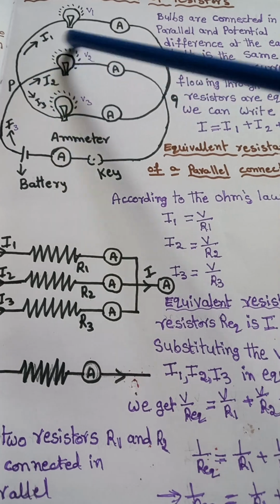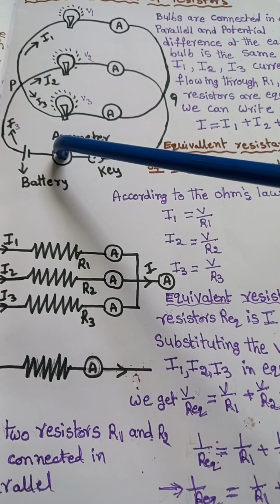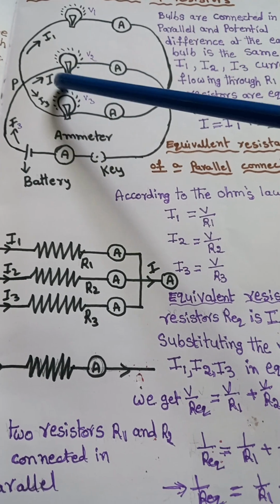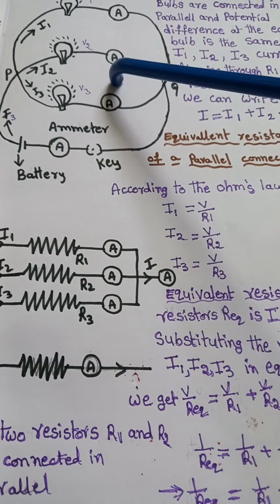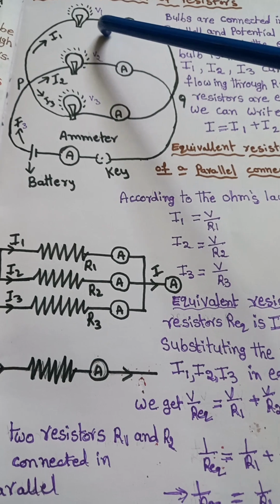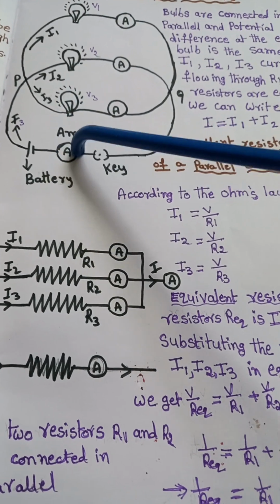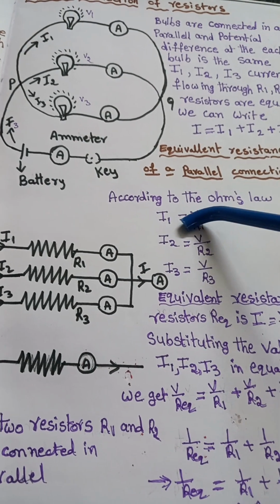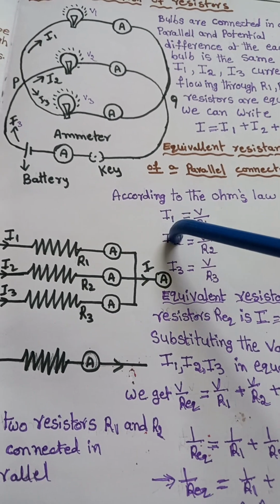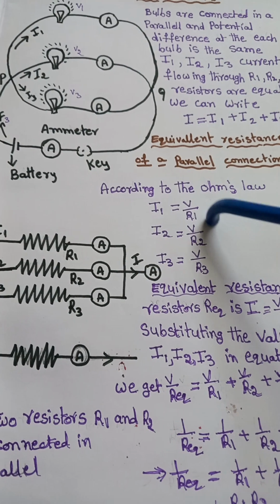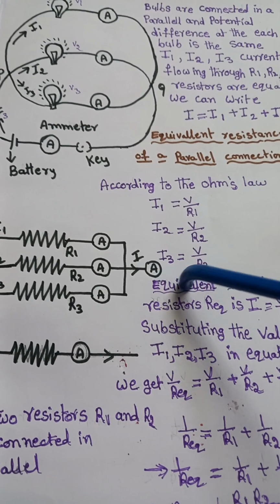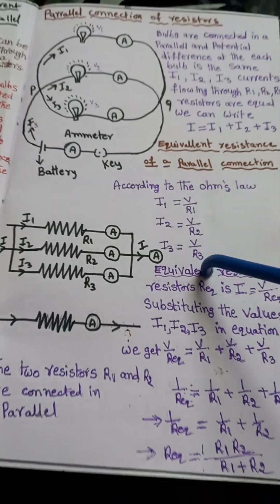The current passes through these bulbs, with potential differences V1, V2, V3 and resistances R1, R2, R3. According to Ohm's law, I1 is equal to V by R1, I2 is equal to V by R2, I3 is equal to V by R3.